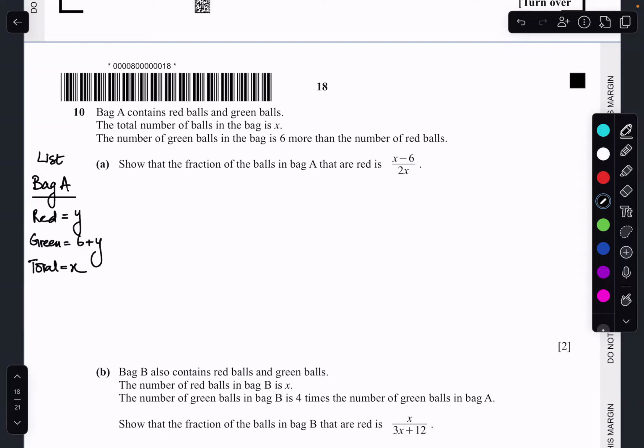Now they're saying show that the fraction of the balls in bag A that are red is this. So let's use the probability. The probability that it is a red ball will be the number of red balls, the favorable outcome, divided by the total number of balls.